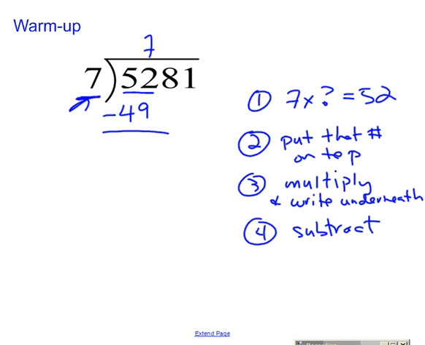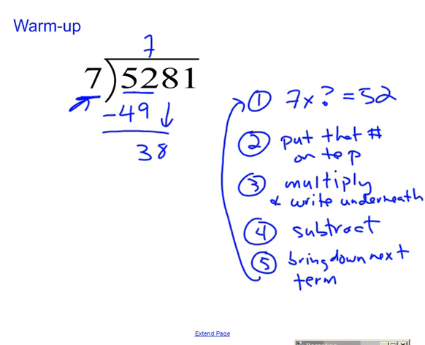And when I take 52 and I subtract 49, I get 3. Next step is to bring down my next number, or I'm going to call it term, because when we're doing polynomials, it's going to be the next term. So I bring down my next term, and then I'm back up here.